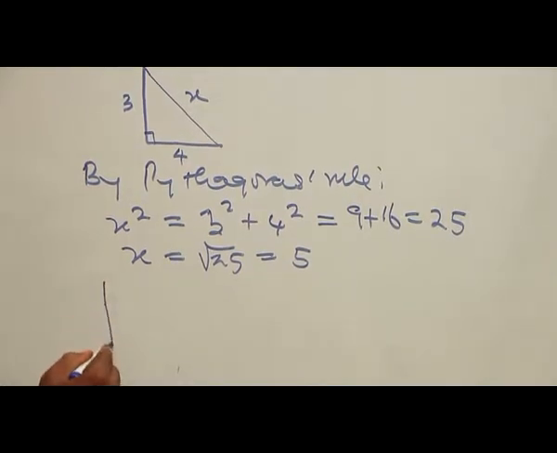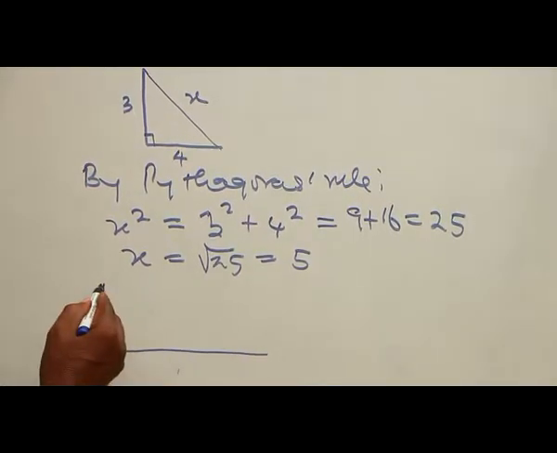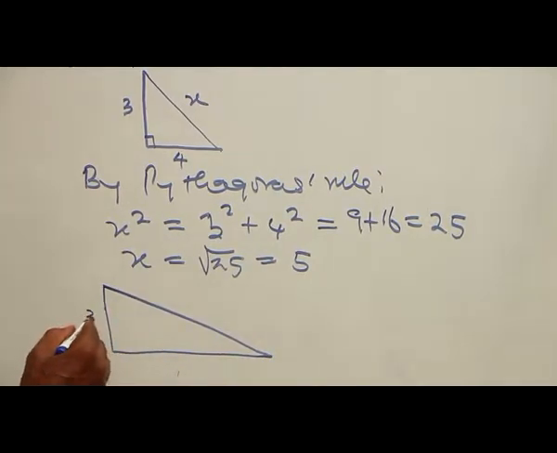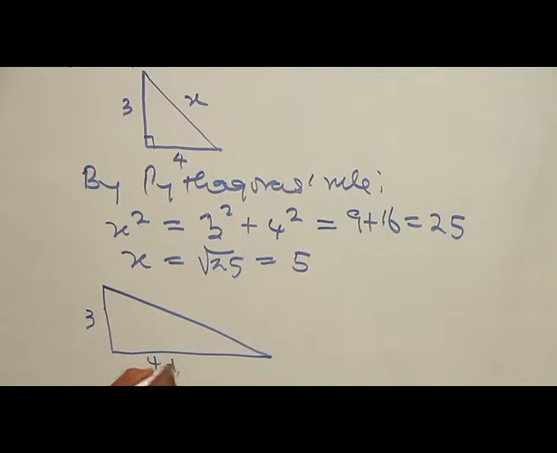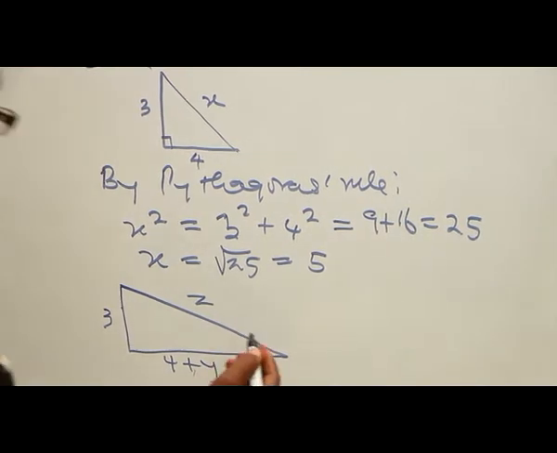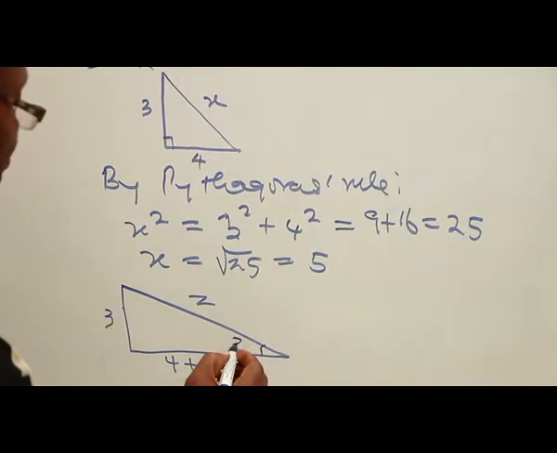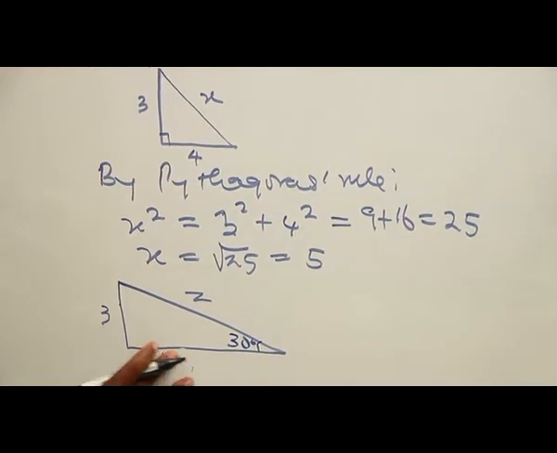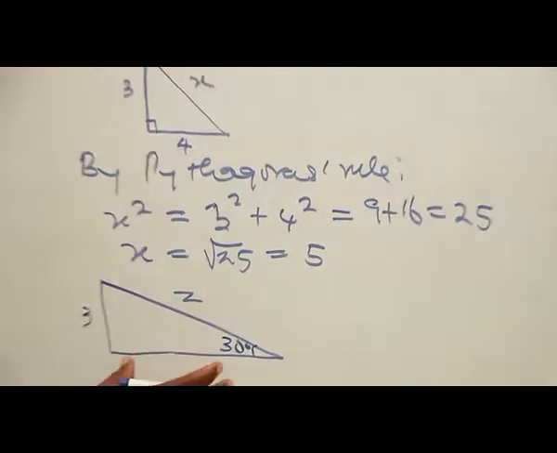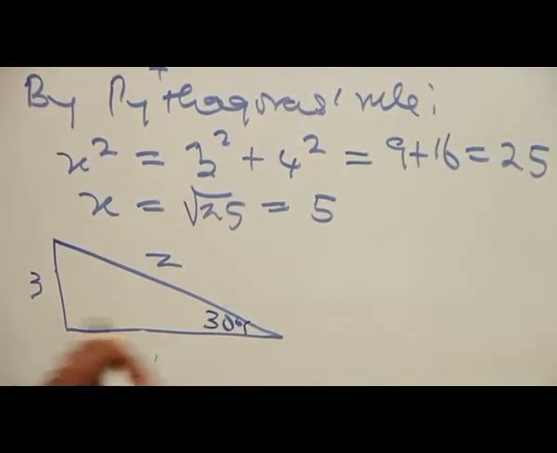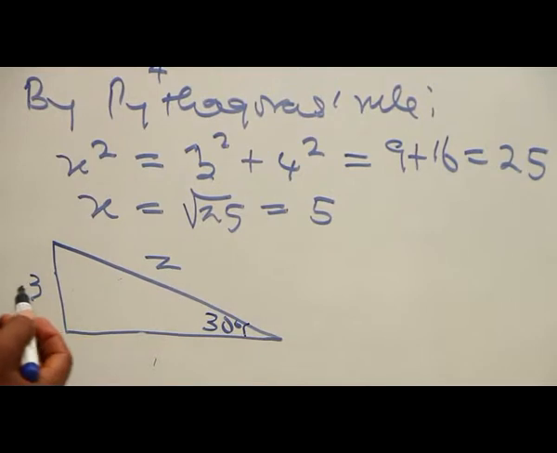Let's take another triangle, and this is your 3, this is your 4 plus y, and then this is your z. With the diagram, this angle is already known. You can forget about this new y. With this relationship, you can find the value of z. So how do we find the value of z?